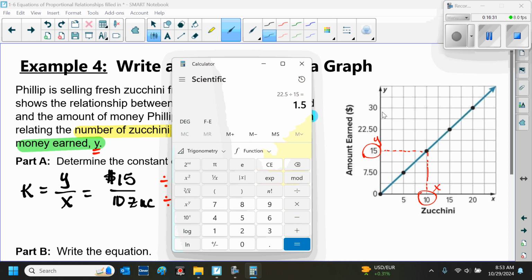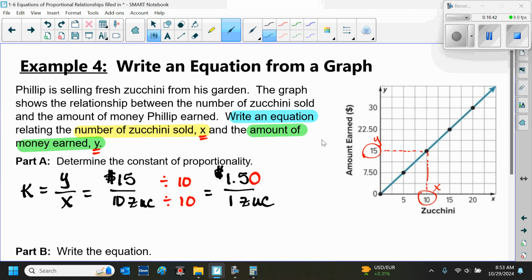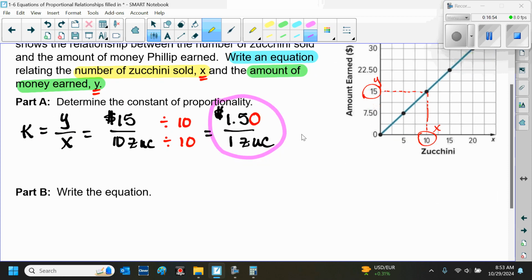This one up here, that's 30 over 20, so that's 30 divided by 20, and that gives you $1.50. So it is all going to be the same. Now this is our constant of proportionality, and that's what we're going to put in our equation, okay?